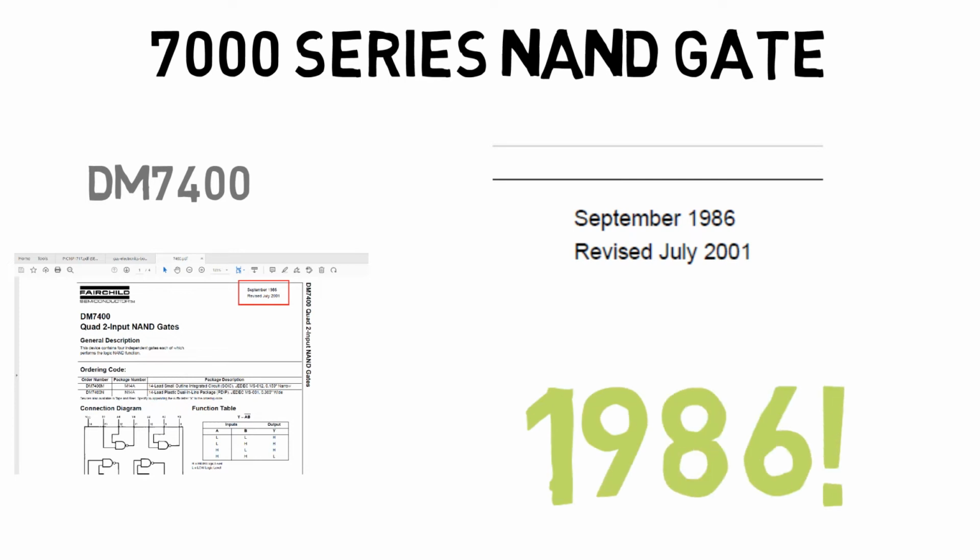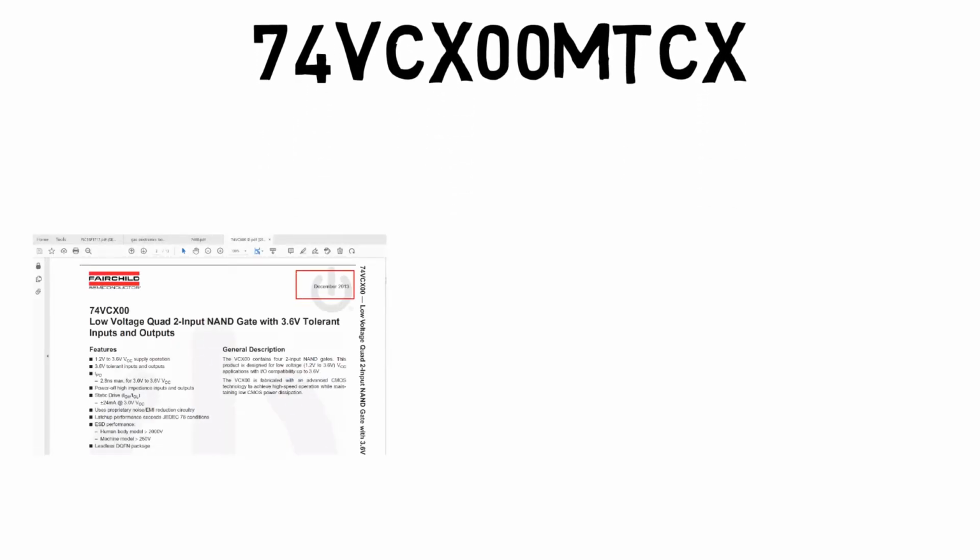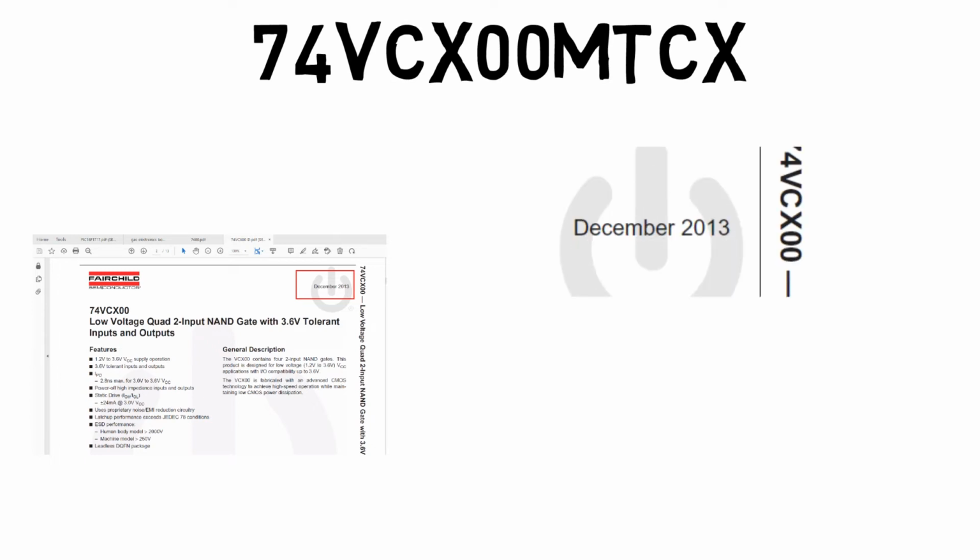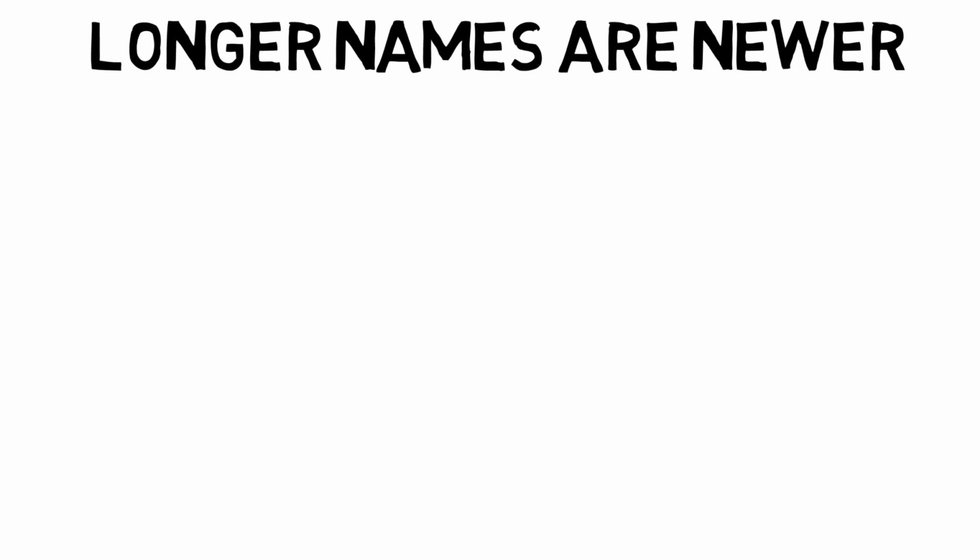A more recent device, like the 74VCX00MTCX, was made in 2013 and is a drop-in replacement for the original 7400 IC. Notice the device name is longer than the original, and this is a general trend you will find in logic devices. The devices with longer names tend to be more recently designed.